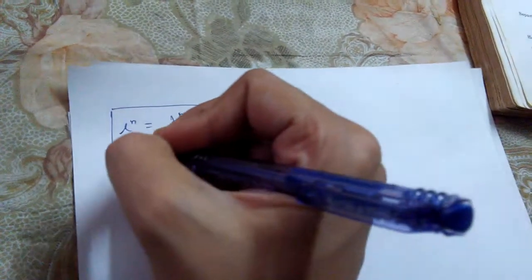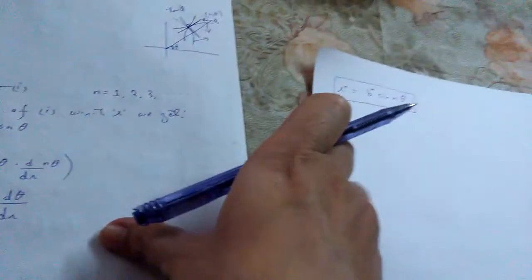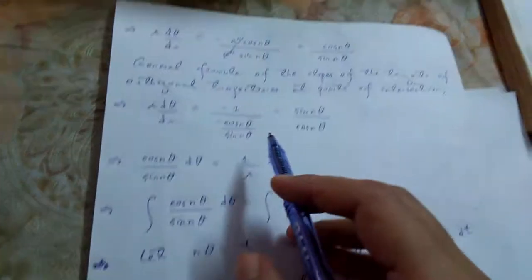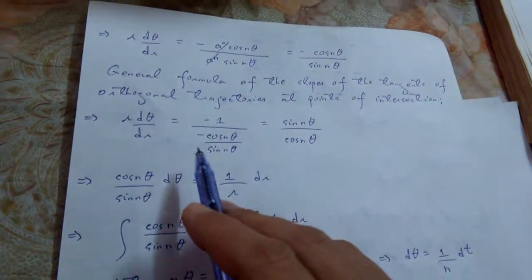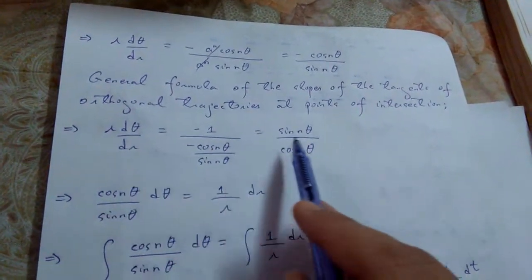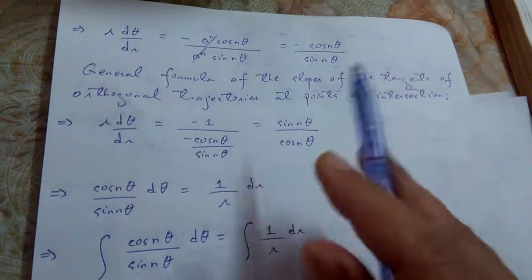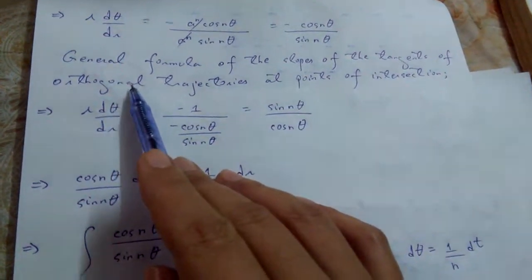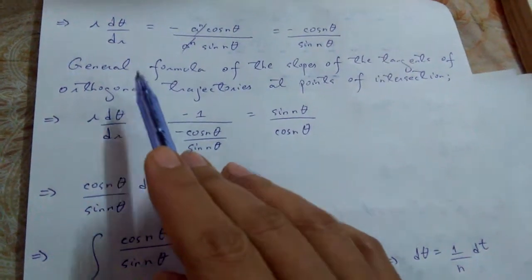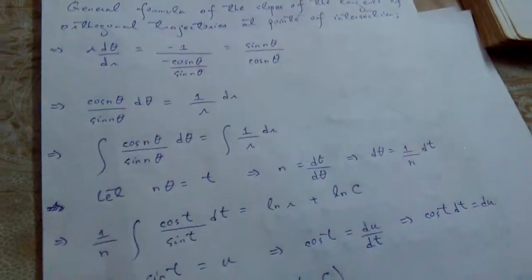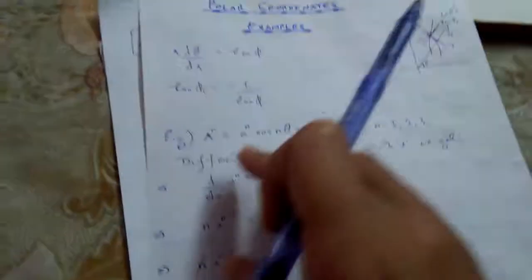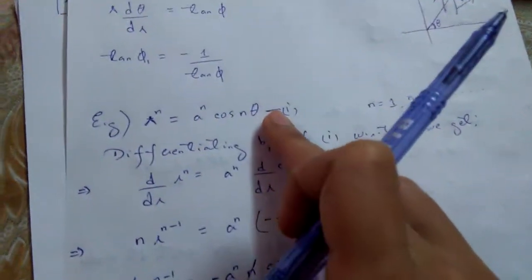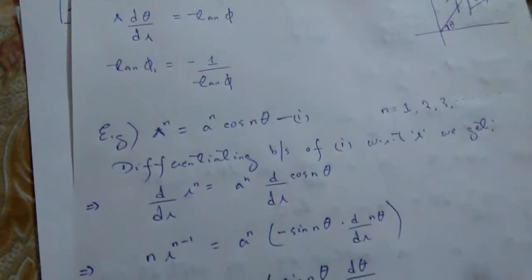So now this is said to be the solution of this differential equation. Okay, and this solution is representing the function of the family of curves of the orthogonal trajectories of this family of curves. Okay, but that's it.